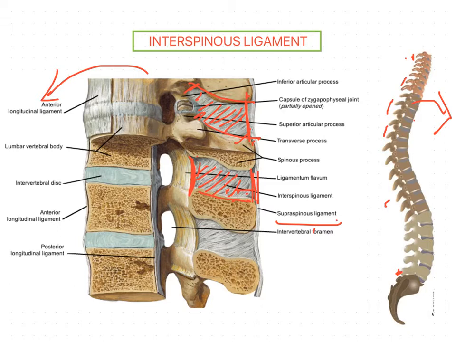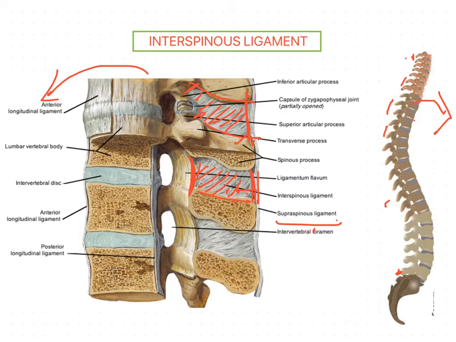The interspinous ligament is innervated by the medial branches of the dorsal rami, and it is one of the causes of low back pain.